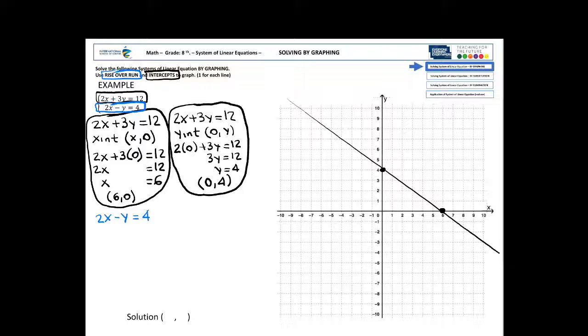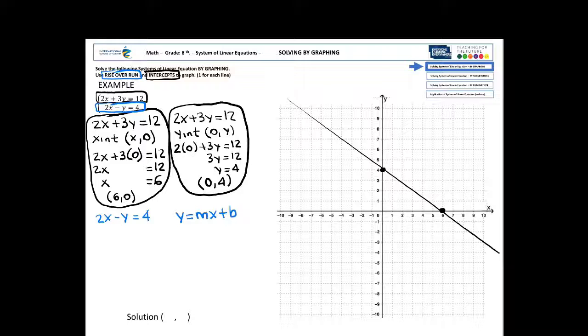To graph a line using rise over 1 method, the line must be written in slope-intercept form, which is y equals mx plus b, where m is the slope and b is the y-intercept. This equation over here is not written in slope-intercept form, it's written in standard form. So I will rewrite it.